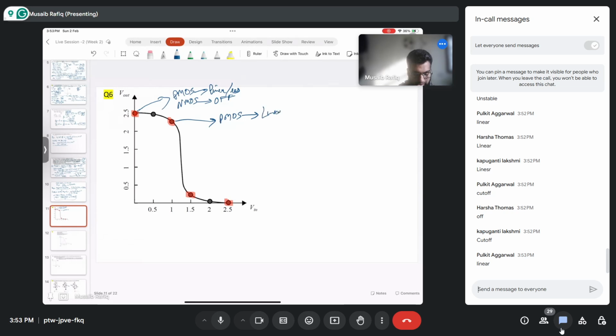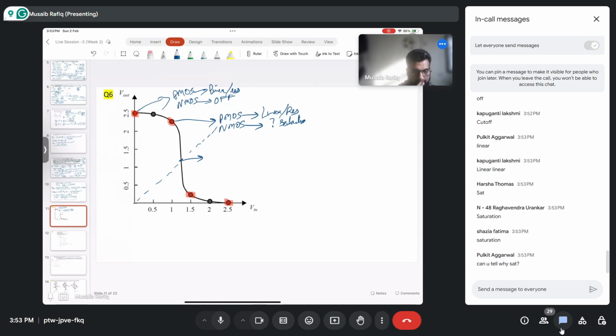Linear or resistance. And NMOS? Correct. Saturation.